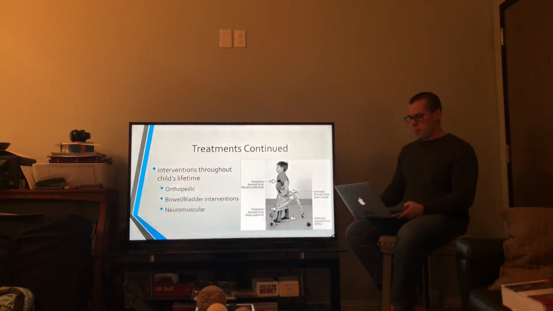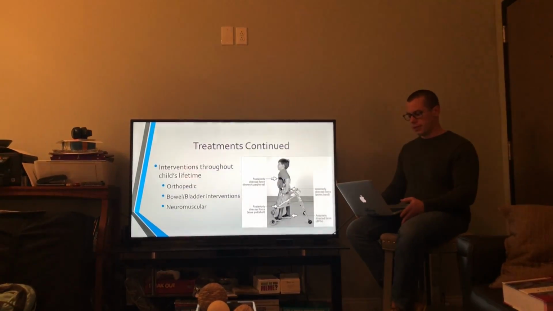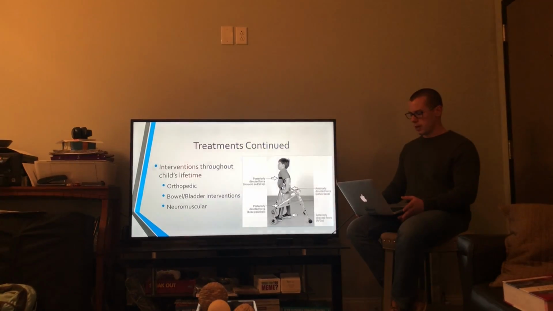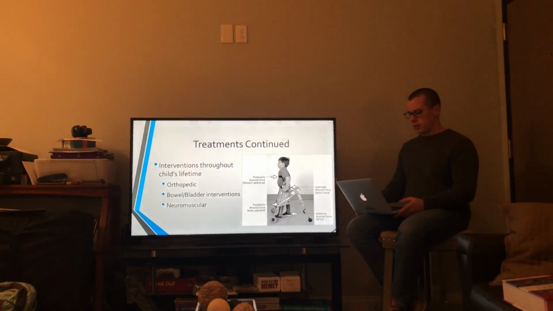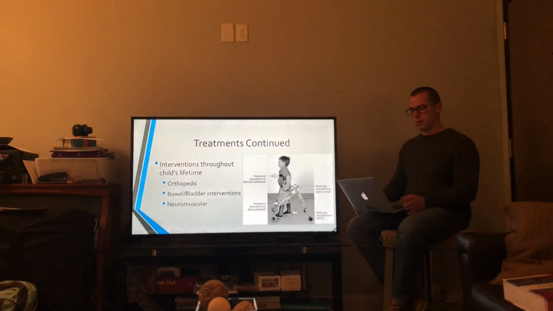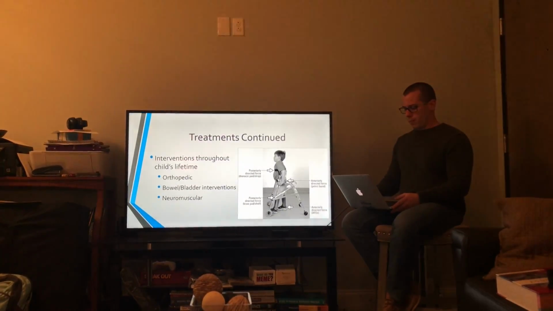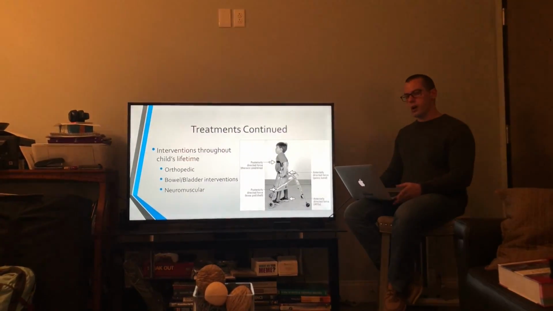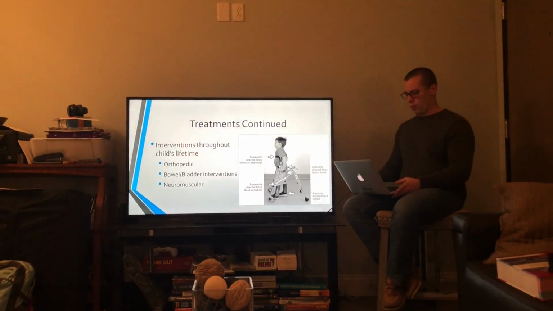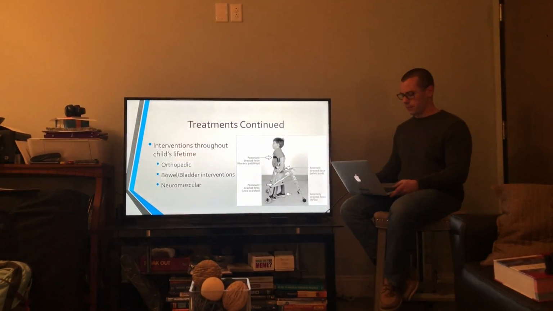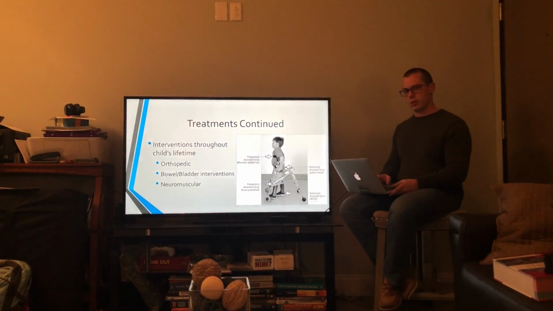And speaking of bowel and bladder interventions, it's really important to get that under control because one study by Davis et al. reported that 66% of patients with spina bifida said that stool incontinence really affected their quality of life. So that just shows that it's of high importance.